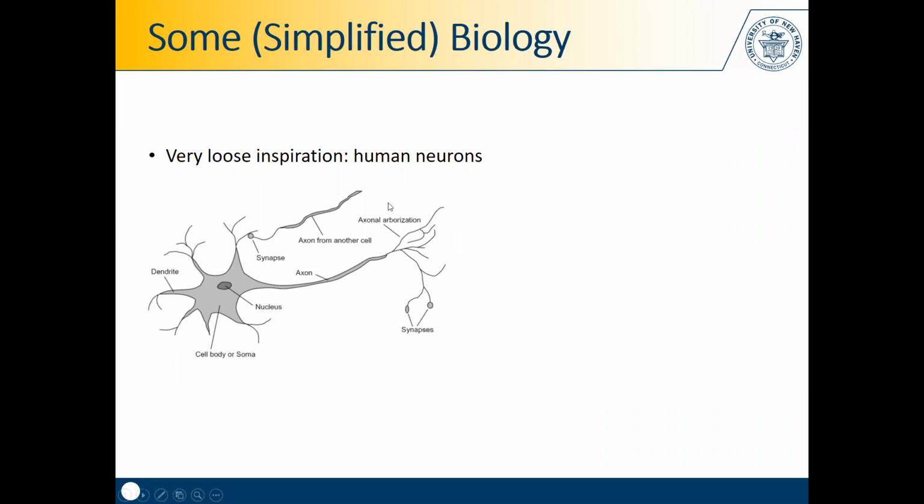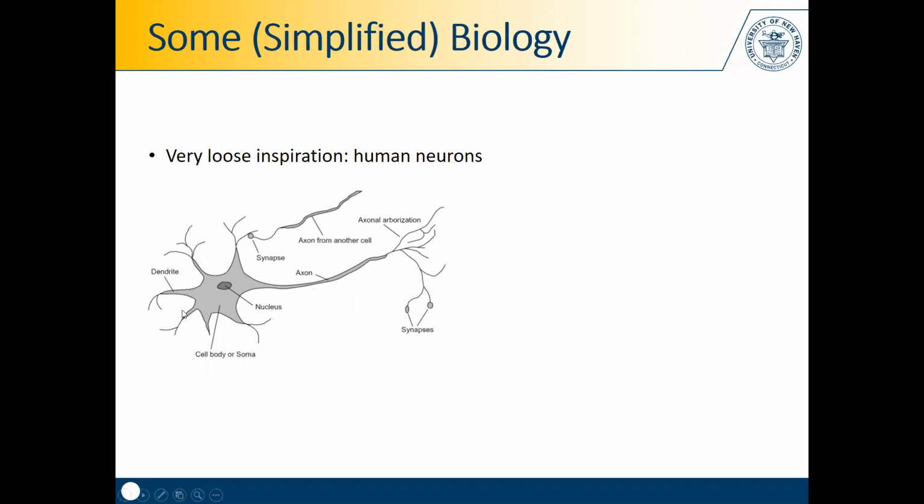This is a neuron comprised of dendrites, which are input connections or input interfaces to the neuron. Each dendrite receives a signal from its connections to other neurons. It can be from, for example, the retina in your eyes.